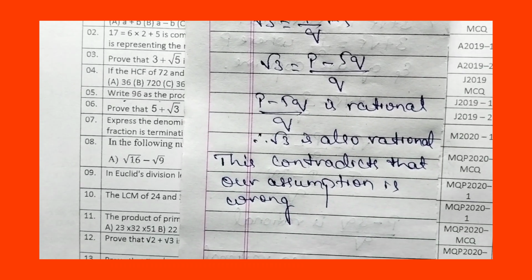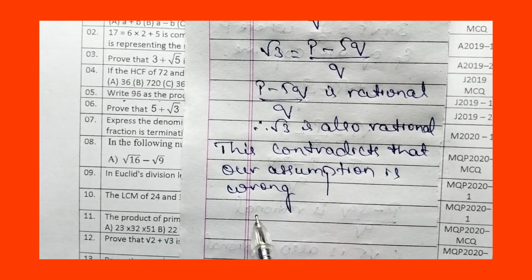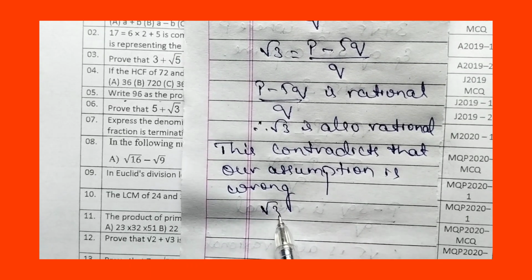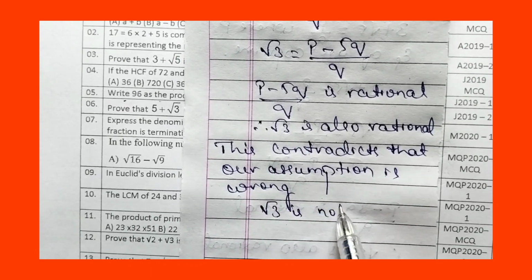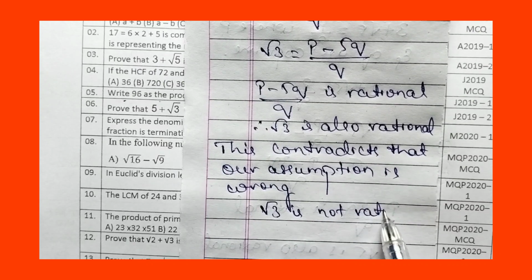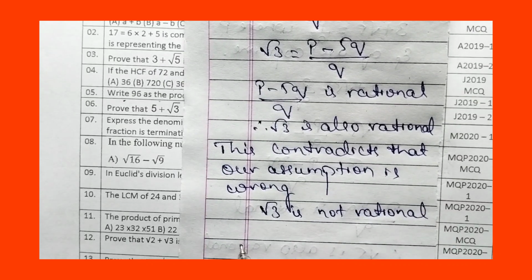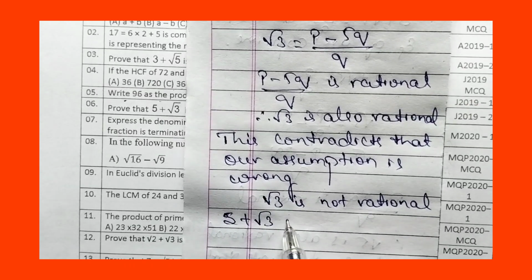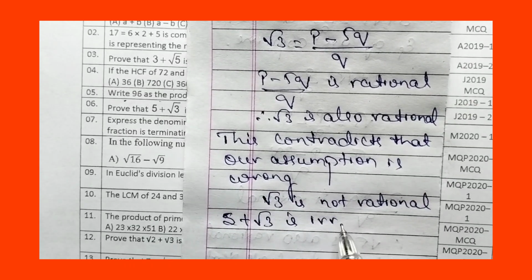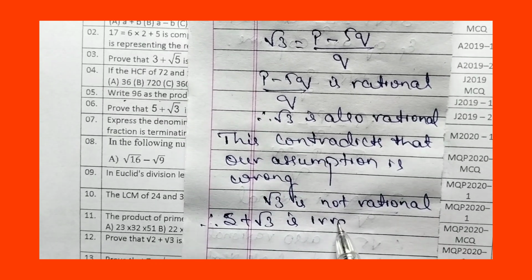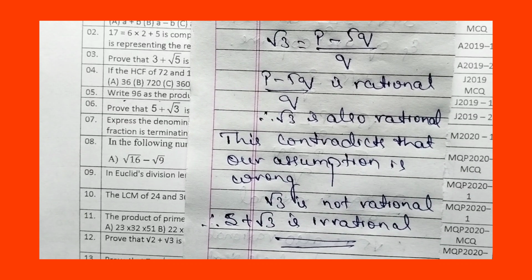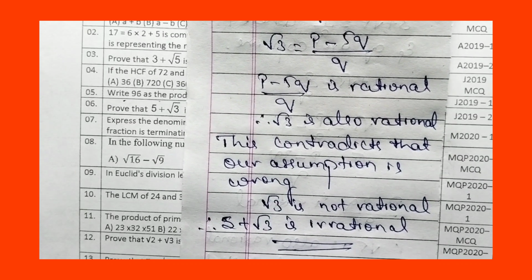That is, root 3 is not rational. If root 3 is not rational, then 5 plus root 3 is irrational. Therefore 5 plus root 3 is irrational. So like this we have to show that it is an irrational number.